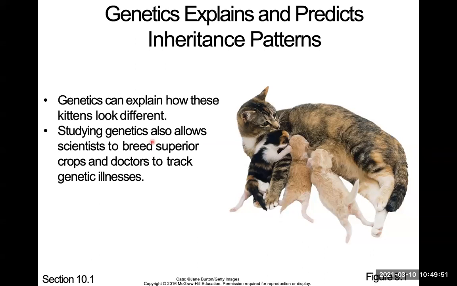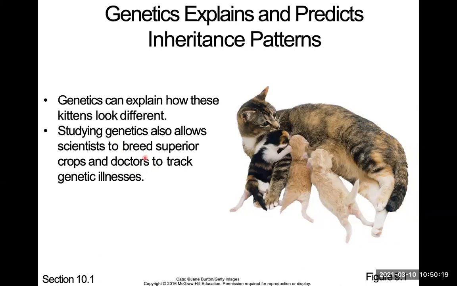So they can pick the genes that they like, and then do breeding like that. And if you go to the doctor and you want to know, maybe there's a genetic disease going on in your generation, you want to know what is the chance for you to have that disease. They can do some calculations and say you have 25% chance of having whichever disease you were talking about. So that's what we're going to do today.